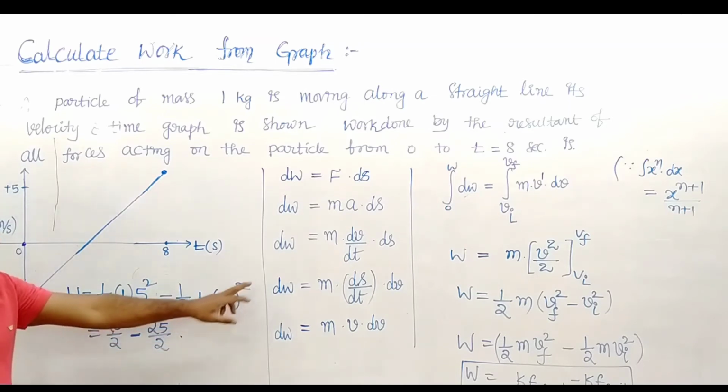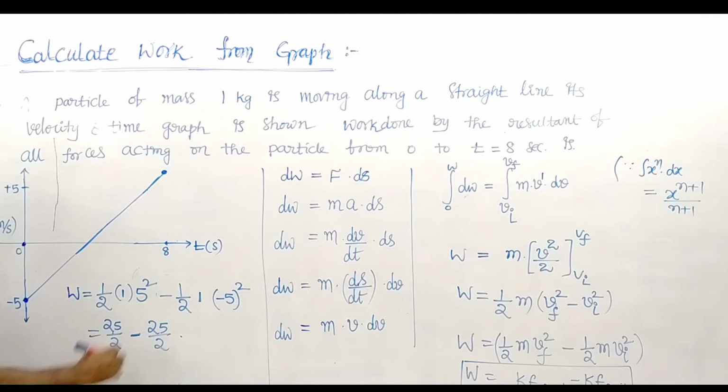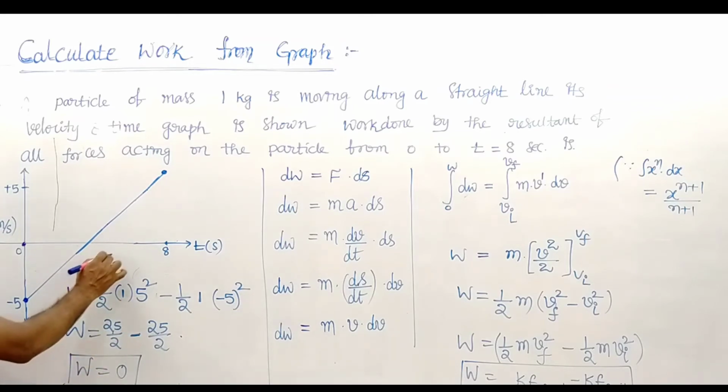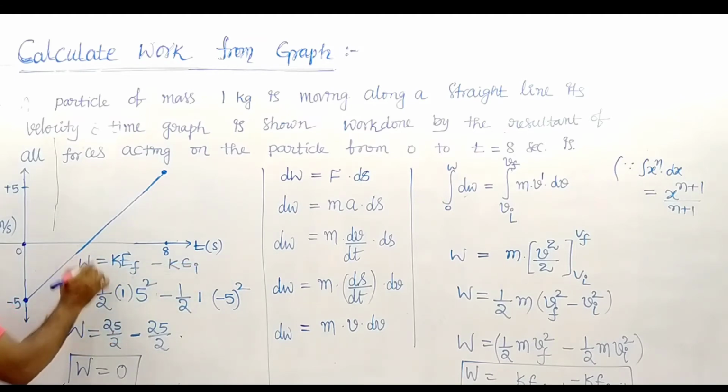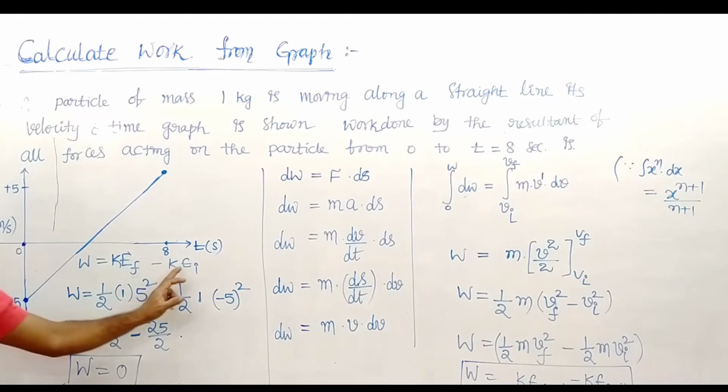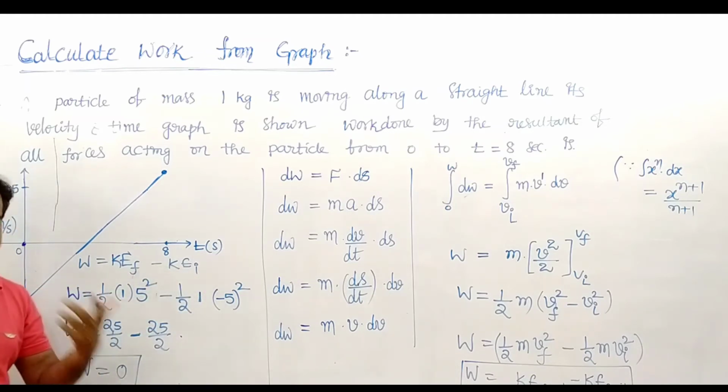Minus 5 square is 25. So the value of work done becomes 0. That means the change in kinetic energy, KE final minus KE initial, is nothing but work done. Work done becomes 0.